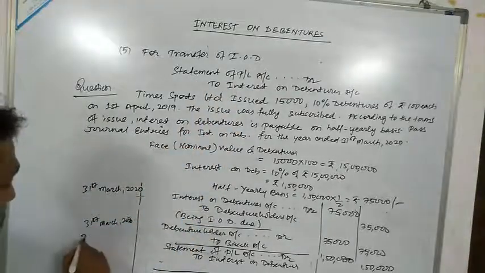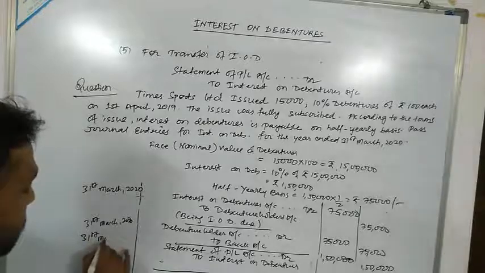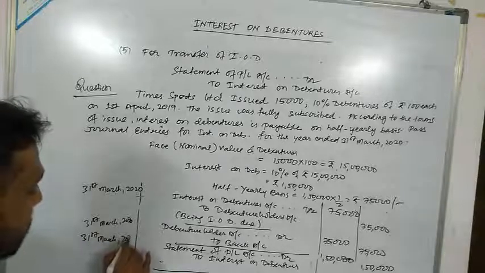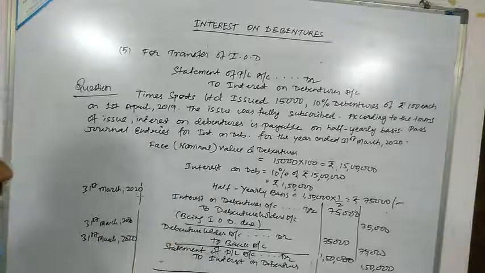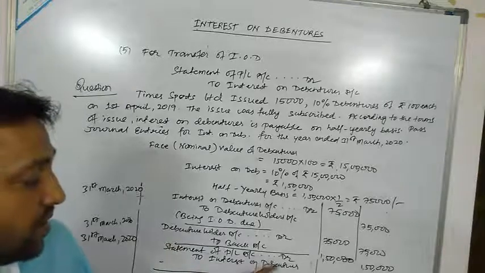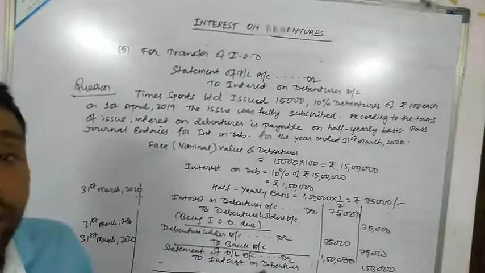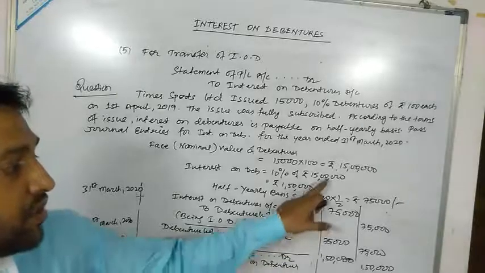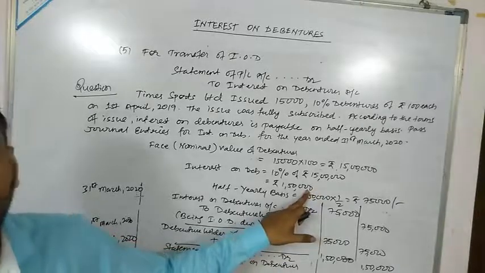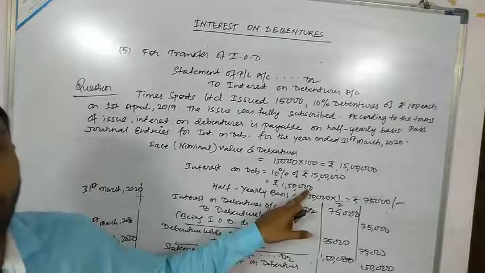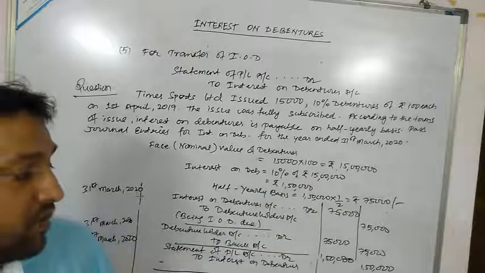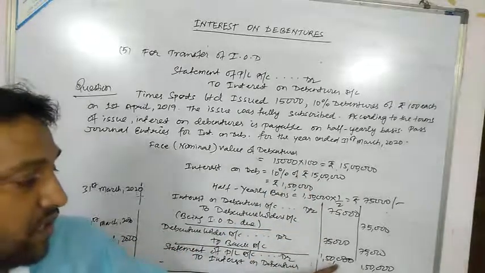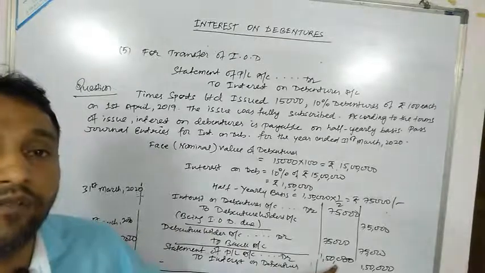Okay, so last entry is the transfer entry, as I passed the entry here, so transfer entry will be also on last date, so closing date is 31st March 2020. So what will be the transfer entry, statement of profit and loss account debited to interest on debentures. हम कितना टोटल इंटरेस्ट कैलकुलेट किए थे, इंटरेस्ट इज योर ₹1,50,000. ठीक है, विच इज पेबल हाफ ईयरली, 75,000 plus 75,000, so total amount of interest on debenture is 1,50,000.